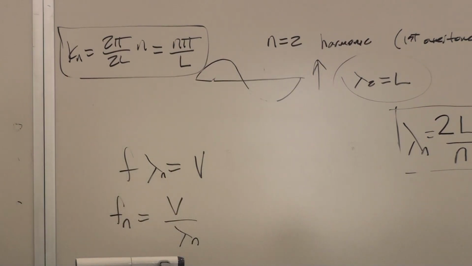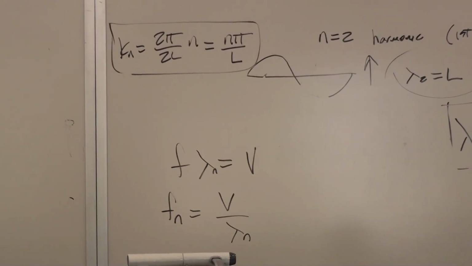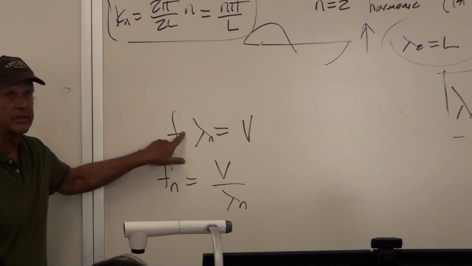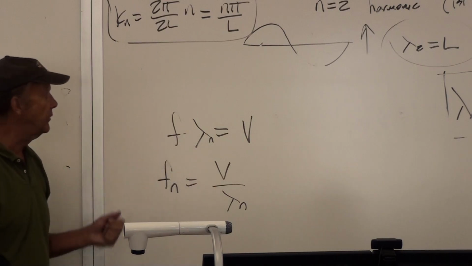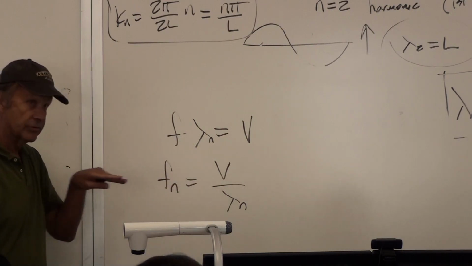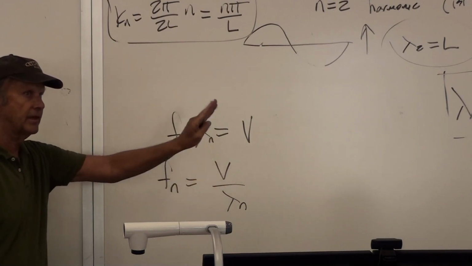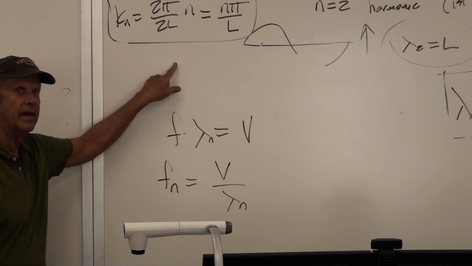You see that? So, what this is telling us then, if the wavelength is cut in half, the frequency would be double. So does everybody see that's what's happening when we're going from the n equals 1 harmonic to the first overtone, or the second harmonic, is that we're cutting the wavelength in half, but by doing that, we're doubling the frequency.